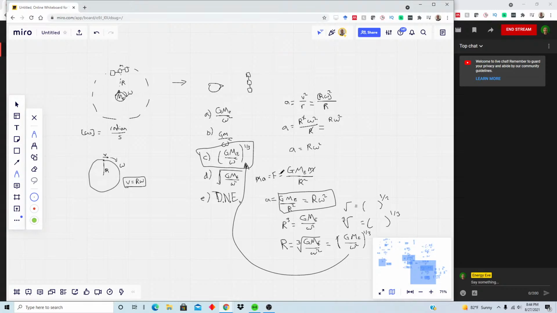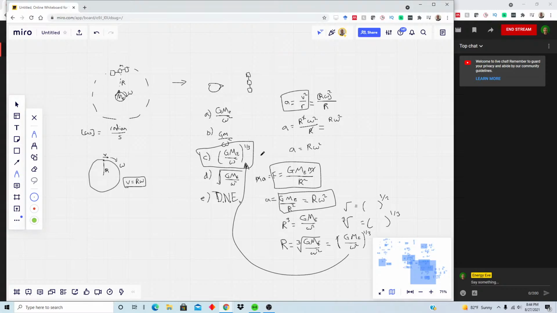So the important equations we needed right here: the gravitational equation, and then we also needed this equation, which deals with accelerations with constant velocity. So it's like a centripetal force, a centripetal acceleration. So we needed this, and there was one more thing we needed to know.